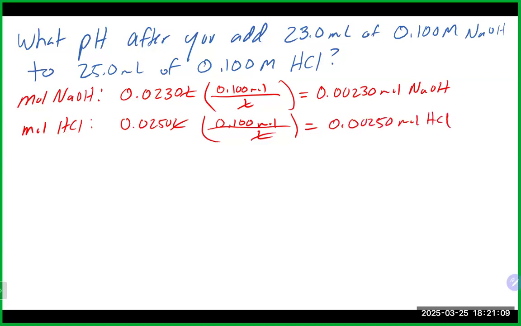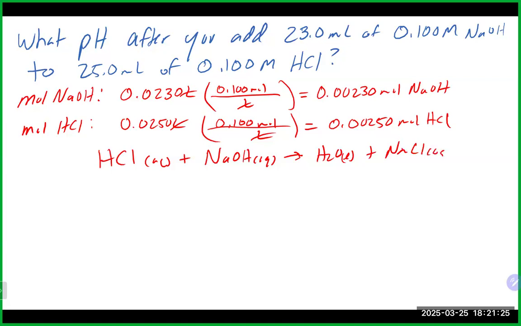So we're going to make a nice table here because we need to see what's happening after we add this. Our HCl plus our sodium hydroxide gives us our water and our sodium chloride in this particular case.